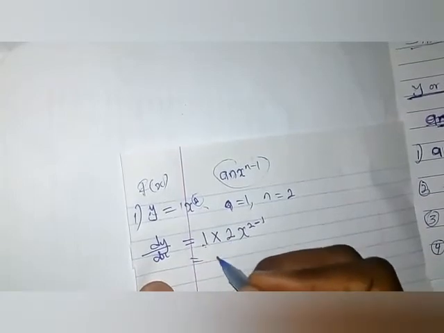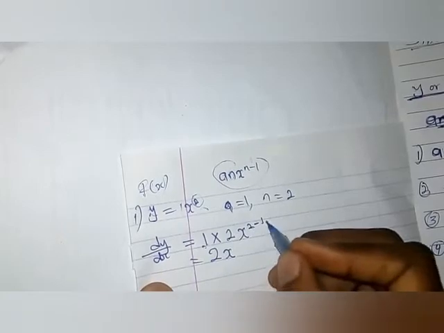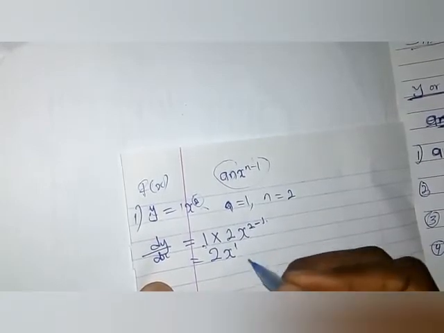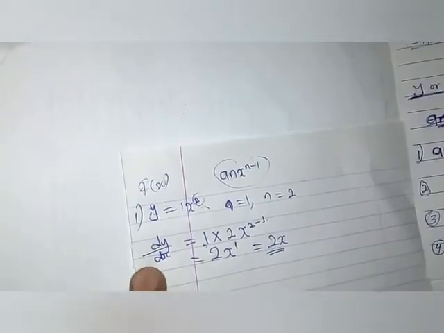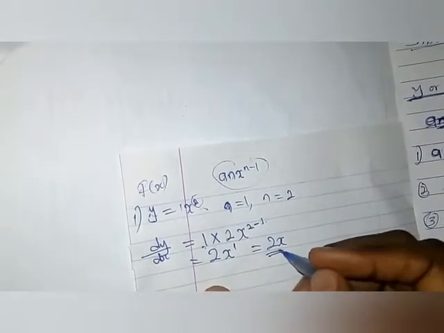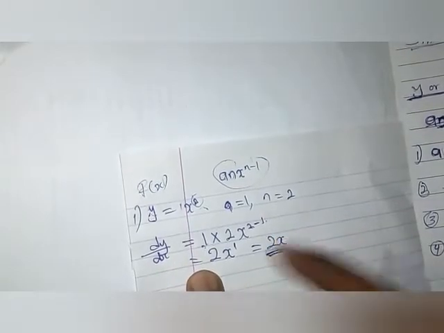So this is 2 times 1, 2, then x raised to the power of 2 minus 1, which is 1. So it's the same thing as 2x. The first principle is just a long method.